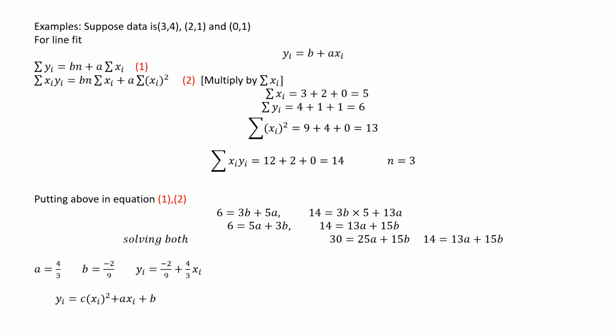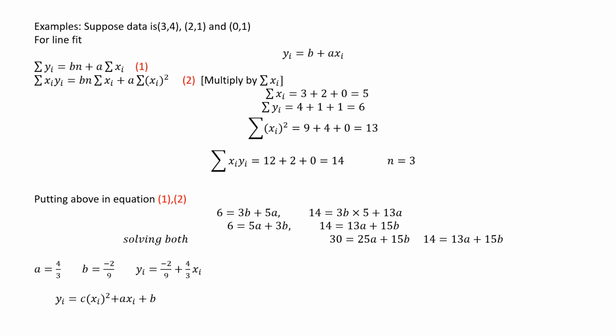Similarly, summation xi square means 3 squared is 9, 2 squared is 4, 0 squared is 0, right? We add all and get 13. All terms are written here, and the number of data points is 3.